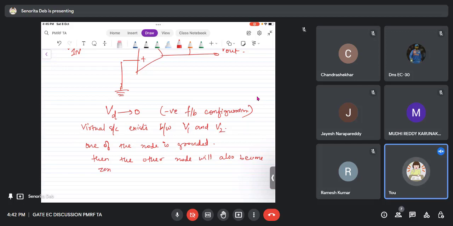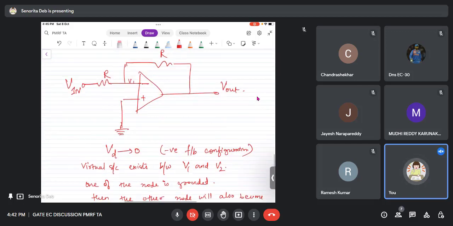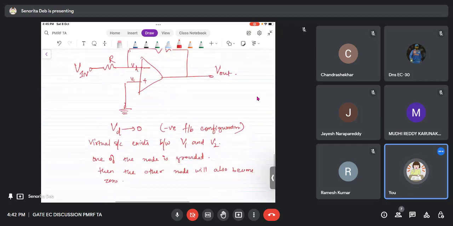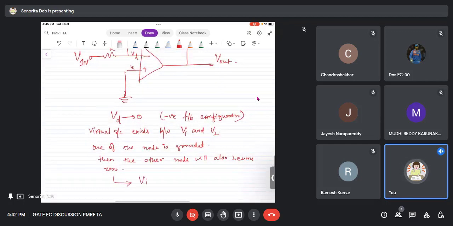So what I'm saying is that there is a virtual short circuit between V1 and V2, and when I ground V1, I virtually ground V2. So this is what is virtual ground. I hope this is clear.